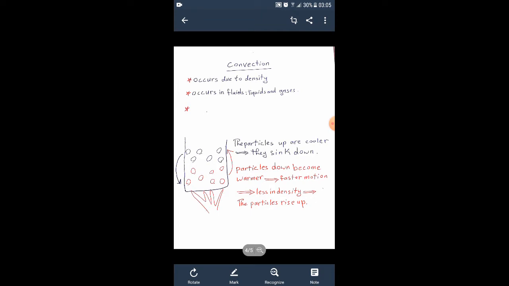The denser particles sink, while the particles that have less density will rise up. That's it. So we will have circular motion until all the particles have the same temperature, and that's how all the water will start boiling.